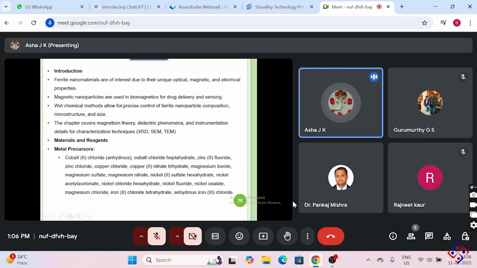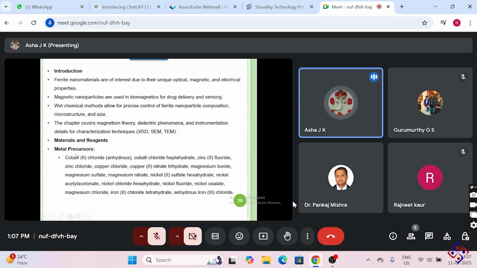Magnetic nanoparticles are used in biomagnetics for drug delivery and sensing. Wet chemical methods allow for precise control of ferrite nanoparticle composition, microstructure, and size. The chapter covers the magnetism theory, dielectric phenomena, and instrumentation details for characterization techniques like XRD, SEM, and TEM.